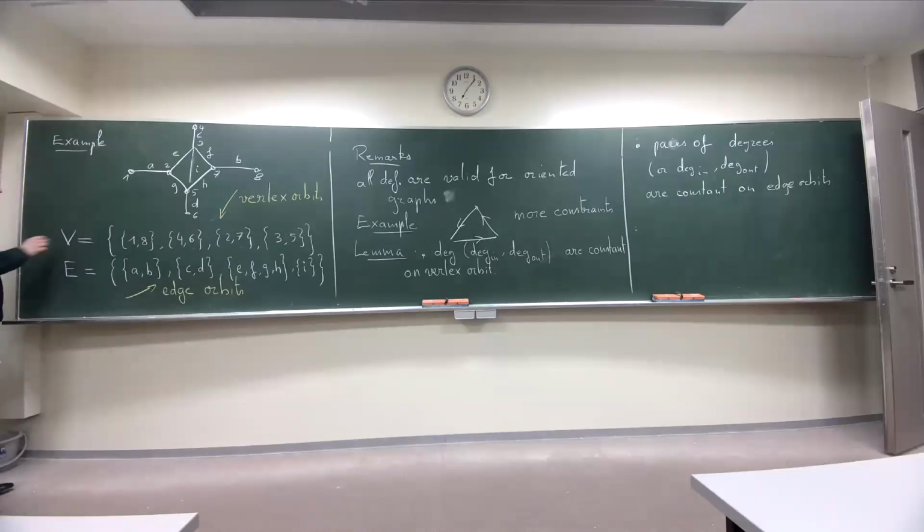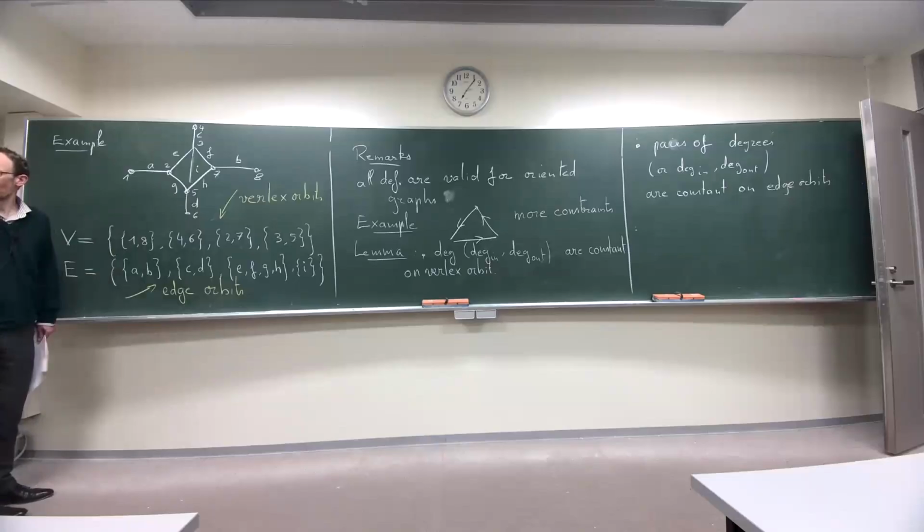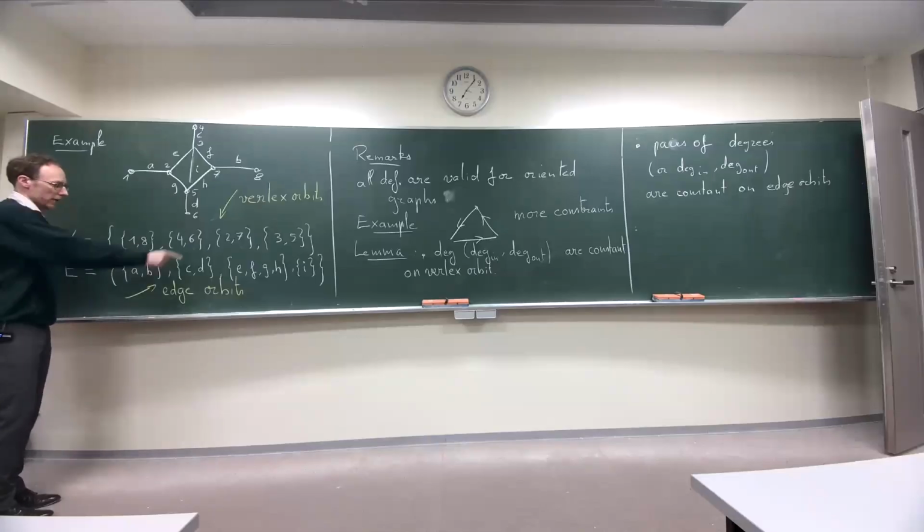It's the same set of all vertices, the same set of all edges, but now this gives you one more piece of information. If I just give 1 to 8, you don't know anything about the graph. Now you know that under the symmetries of the graph, these two go together and so on.